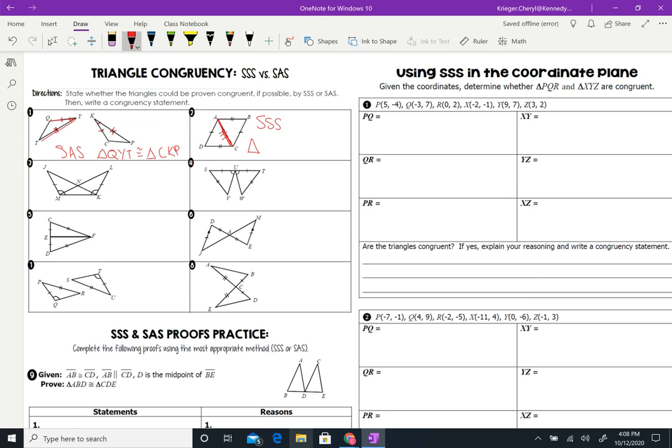And we'll do triangle ACD. I went 3, then 2. It is congruent to triangle, what would it be? 3, then 2. CAB.